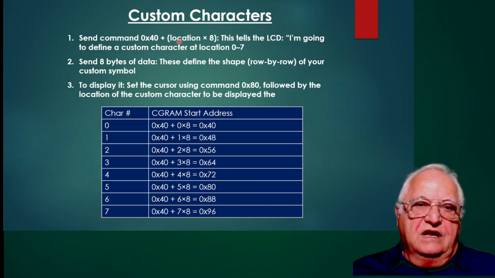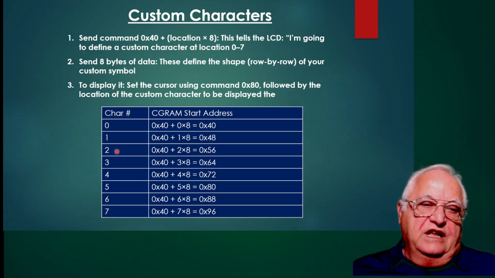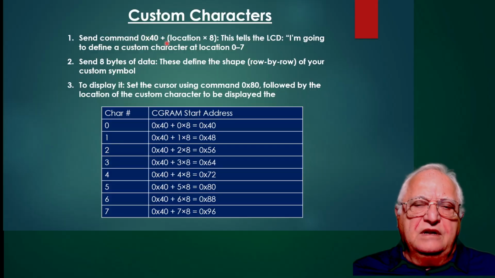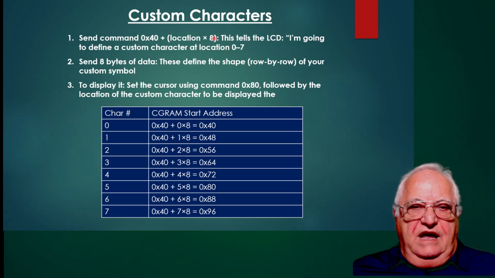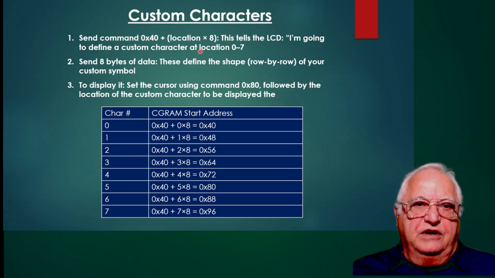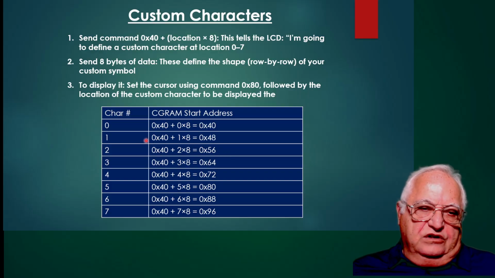We send the 40 plus 1 times 8, which gets you to location 48. Now, if you want to store a third character in location 56, how do we do that? Again, in a generic way, we send the 40 plus 8 times 2, which is location 2, 8 times 2 is 16, plus 40 gets you to 56. So that's how you do it.